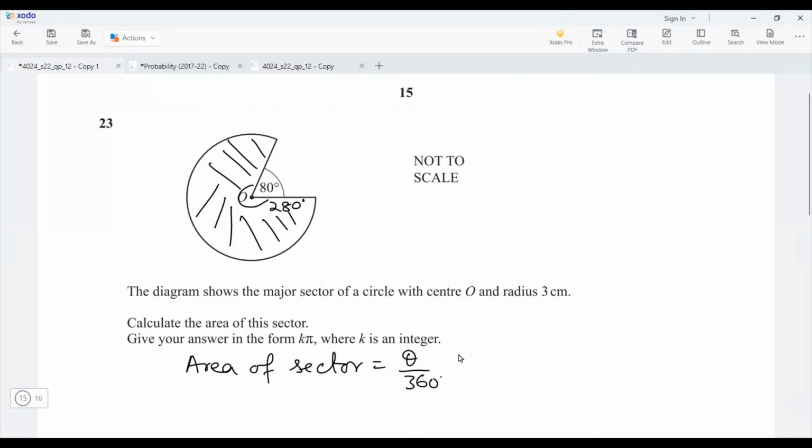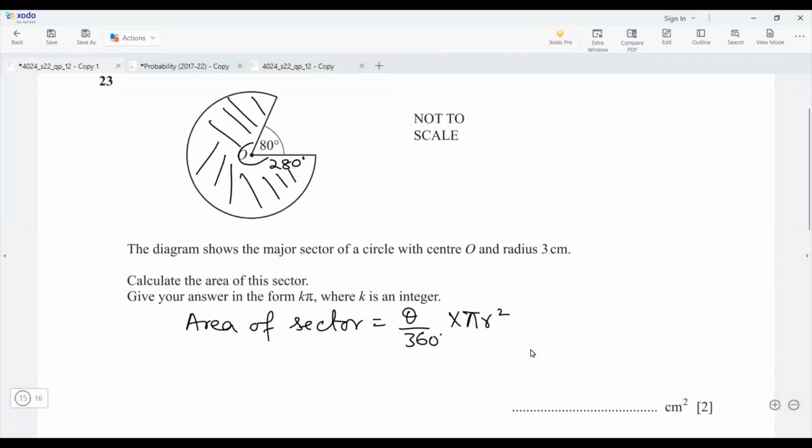times pi r squared. R is the radius, and the angle is in between both of the radii in the sector. So it is basically 280 degrees divided by 360, and pi will be written as it is, and R is 3 squared. So we can simplify it. You can say it is 9.